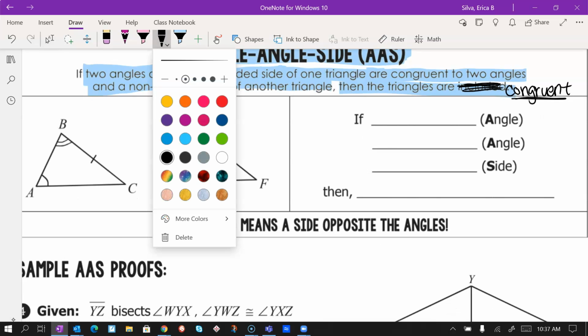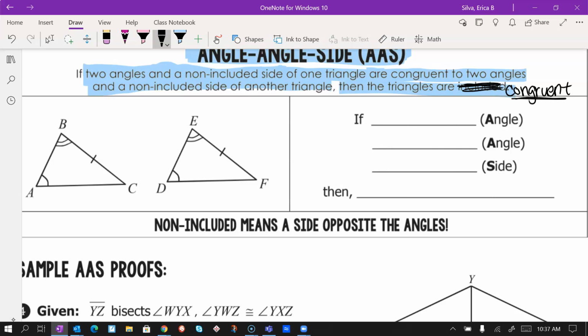All right. So when we talk about angle, angle, side, then we have a side congruent to EF. Then we can say that the two triangles are congruent. So triangle ABC is congruent to triangle DEF by the angle, angle, side postulate.